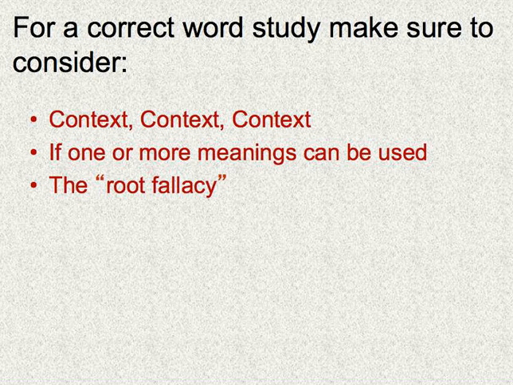Next, make sure to avoid what's called the root fallacy. The root fallacy is only going with the root definition of a word. So for example, with feel, you could probably say the root of the word to feel is that physical sensation, but the meaning of the word feel has grown so much, and we can use it in that emotional sense, or in the sense of believing.